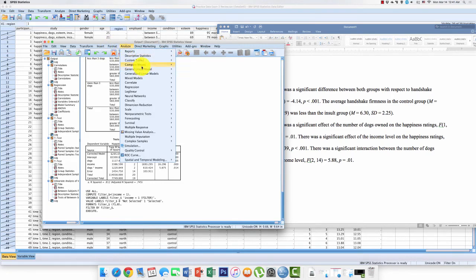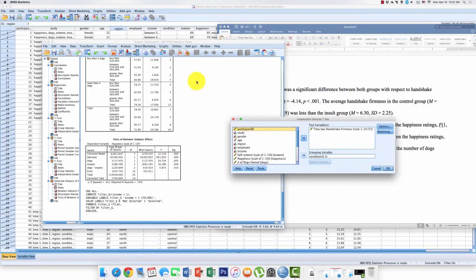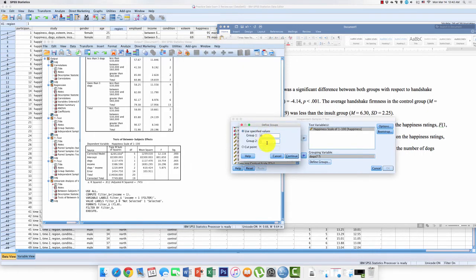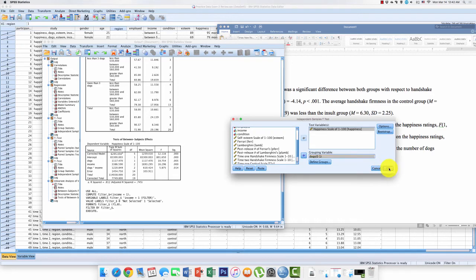Now we're going to do analyze, compare means, and do the independent samples t-test. For our test variable, remember it's going to be our DV. So we're going to move happiness, and then we're going to do number of dogs owned. Define groups. 0 is less than 3 dogs, 1 is more than 3 dogs. So continue. Okay.